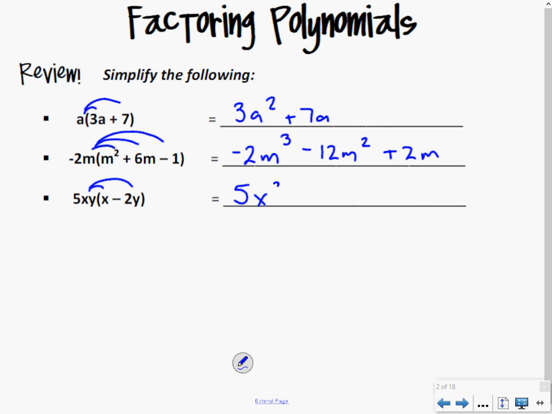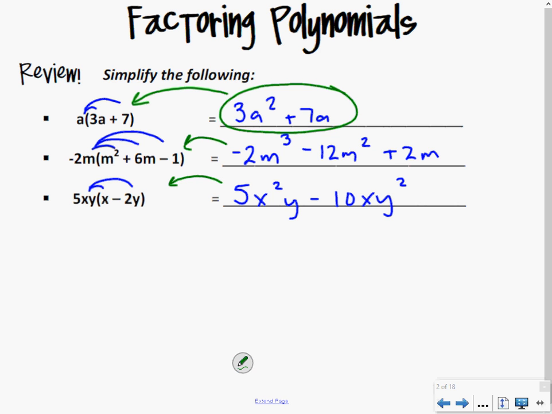So we get 5x squared y minus 10xy squared. So we've been multiplying and getting these polynomials, but what we're doing now is we're going to start doing this in reverse. We're going to take a polynomial like this and we're going to factor to get it back into this form. Okay? So each of these, we're going to factor and get it back into that form with the parentheses.